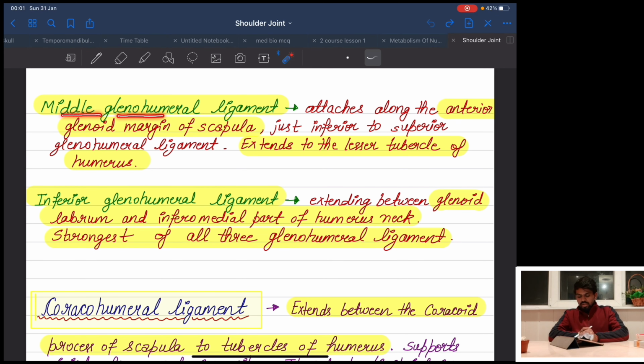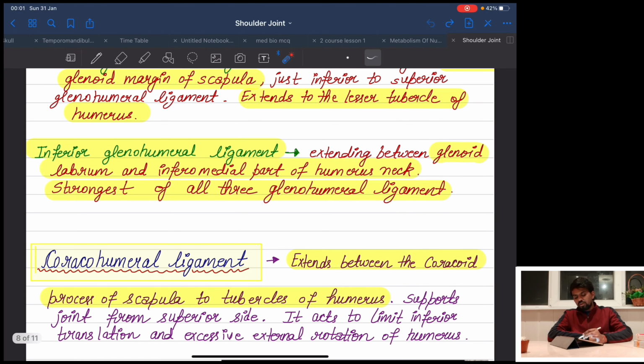Now the middle glenohumeral ligament. This ligament attaches to the anterior glenoid margin of the scapula. Like we have this glenoid cavity, so the anterior margin is like this here. And it attaches to the lesser tubercle of the humerus.